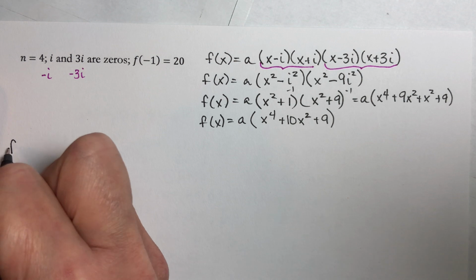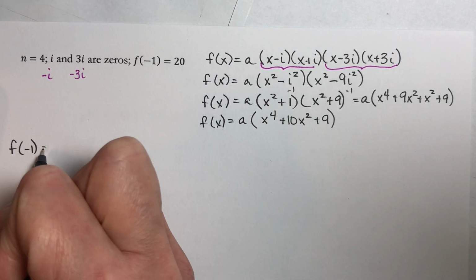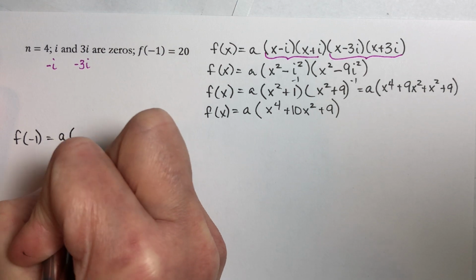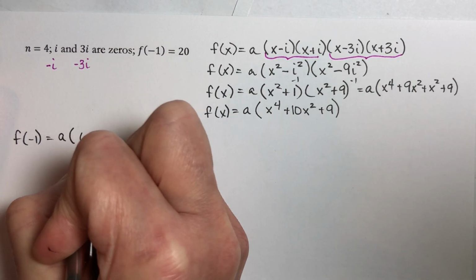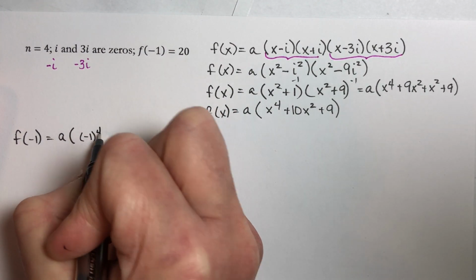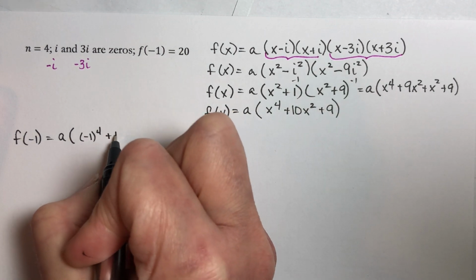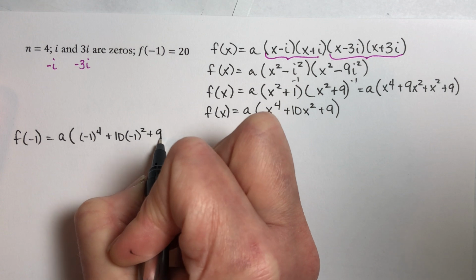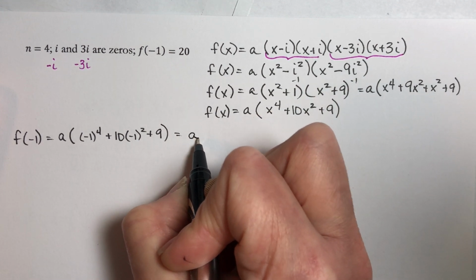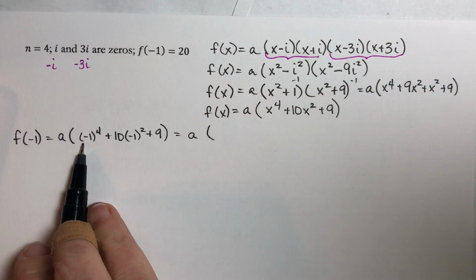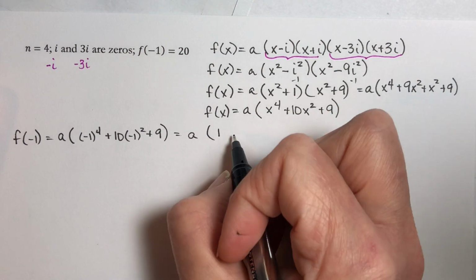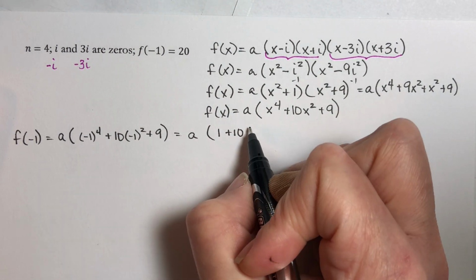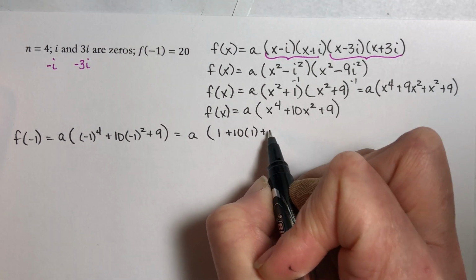If I'm going to find f of negative 1, I'm plugging this in here. That will give me a times negative 1 to the 4th power plus 10 times negative 1 squared plus 9, which is a times negative 1 to the 4th power is 1, plus 10 times, if you square negative 1, that's 1, plus 9.